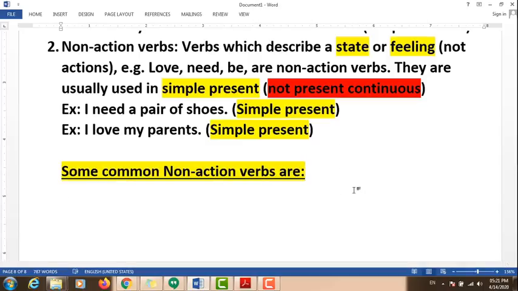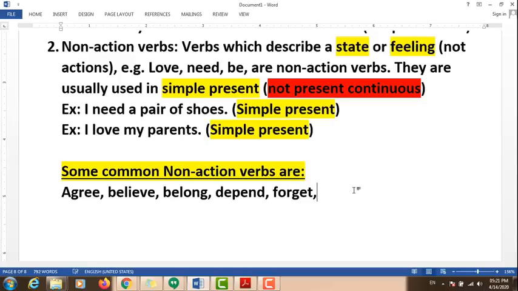So they are agree, believe, belong. These are all usually used in what? In present continuous or simple present, right? You can use them in simple present.